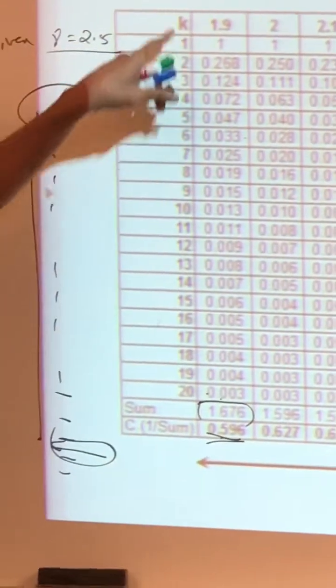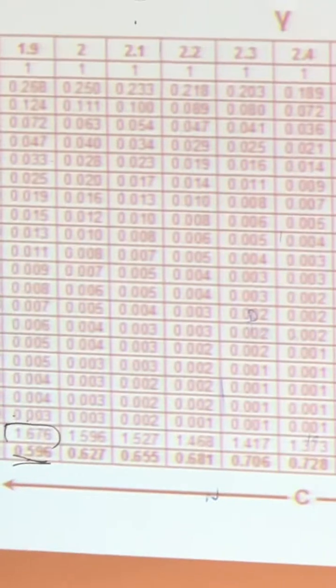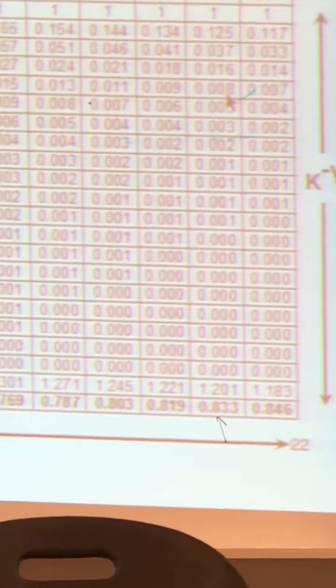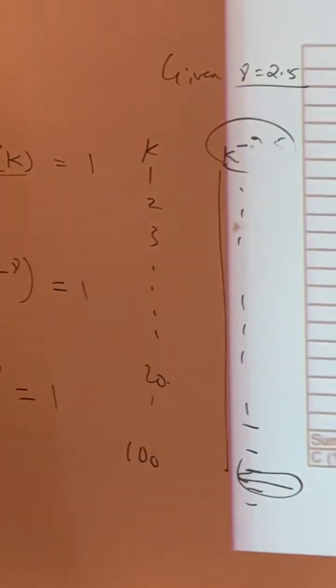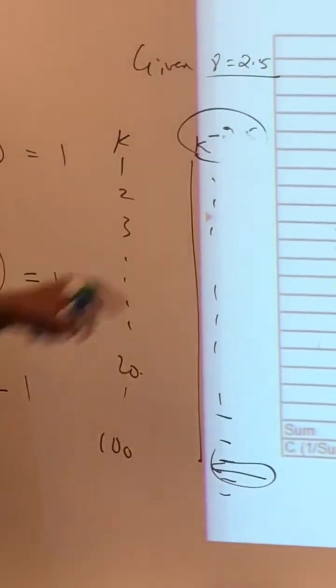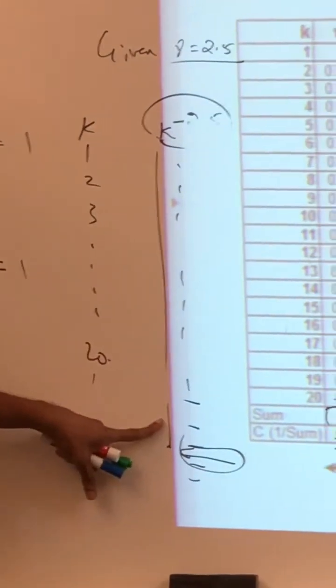Okay? So try different values of gamma. The larger the gamma, the higher the value for the proportionality constant, and the lower the sum, of course. Because if you increase gamma, the k raised to negative gamma values are going to decrease.